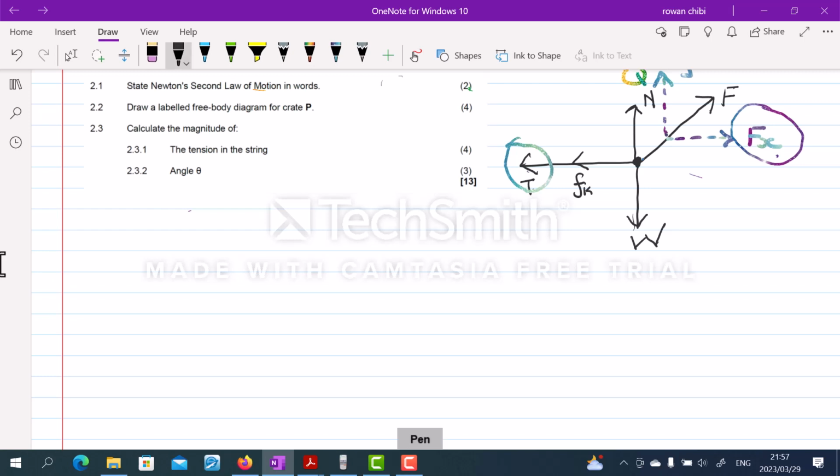So I take right as positive. If right is positive, that means that left is negative. So this is my direction. You have to state your direction every time you solve this problem. State your direction. So we are looking now at the block or the object P.